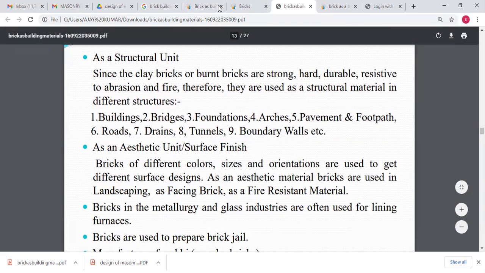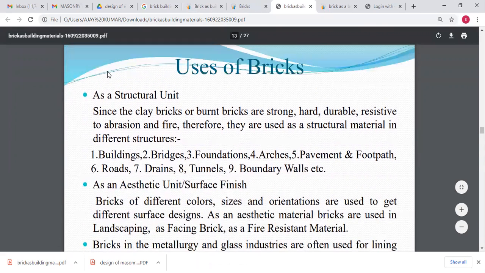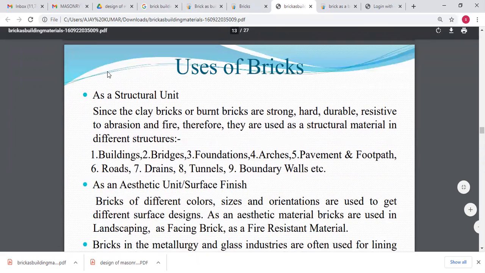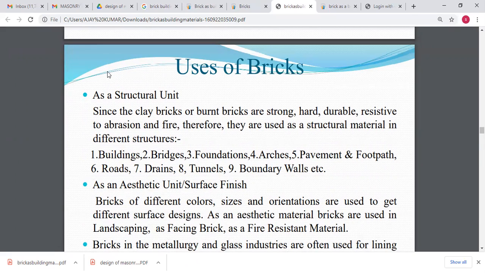Next, uses of bricks. This one is the most important topic. What are the uses of bricks? In the examination, they may be asked.